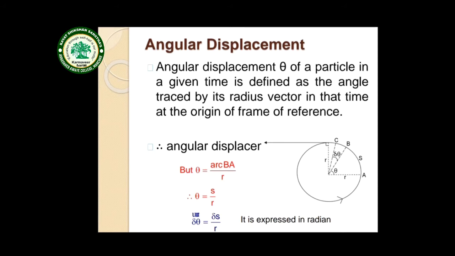In linear motion, the difference between the initial point and final point is termed displacement. Thus, the circular motion equivalent of displacement is angular displacement, represented by the Greek letter theta, measured in degrees, or we can say radians.